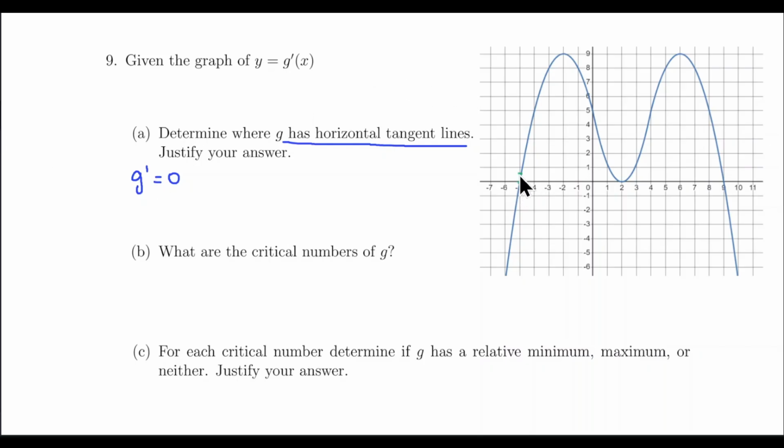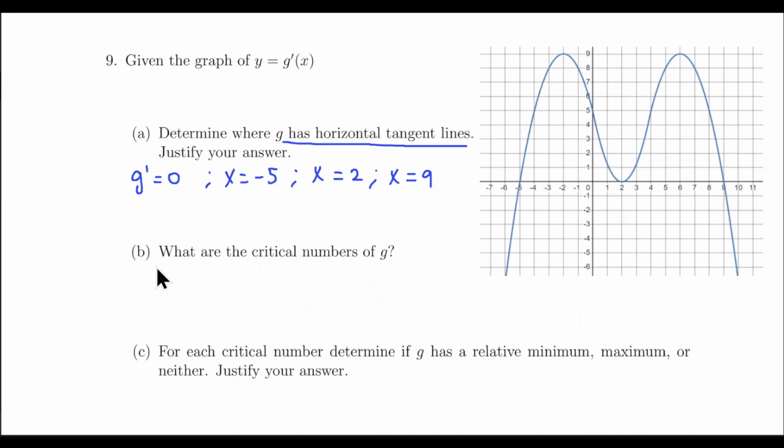And fortunately, we know the graph of g prime. So wherever g prime is 0, and I do see 3 points where g prime is 0, our answer should be x is equal to -5, x is equal to 2, and x is equal to 9. That's where g prime is 0. What are the critical points of g?